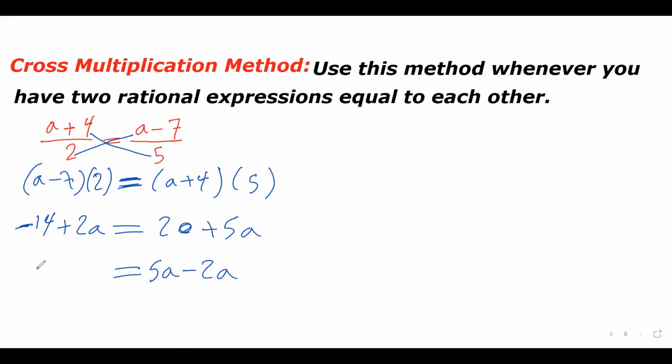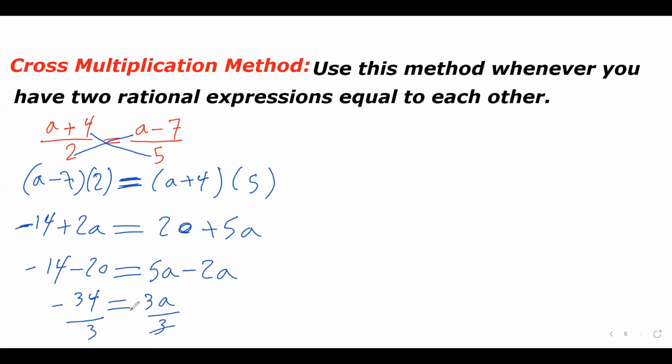On the left side, I have this negative 14, and then I want to move this positive 20 to the left side, so it becomes negative 20. So on the left side, I have negative 14 and negative 20, which is negative 34, equals 5a minus 2a, that's just 3a. And now we divide both sides by 3.